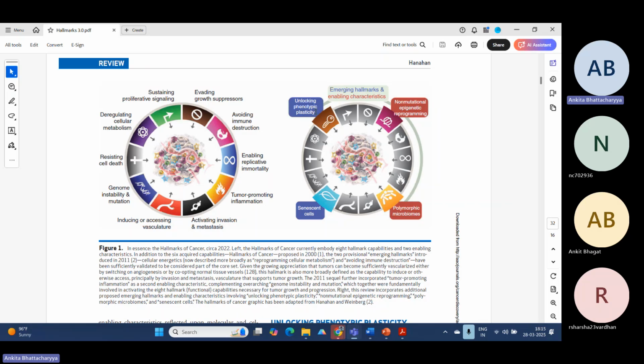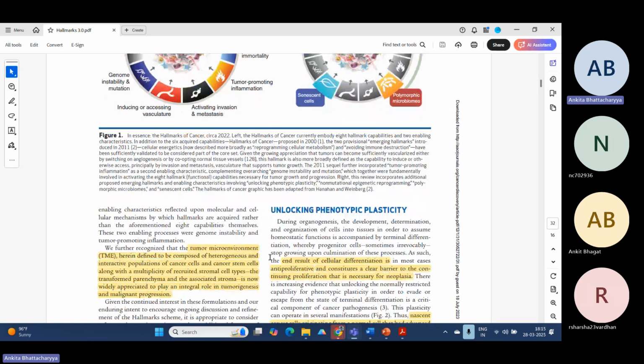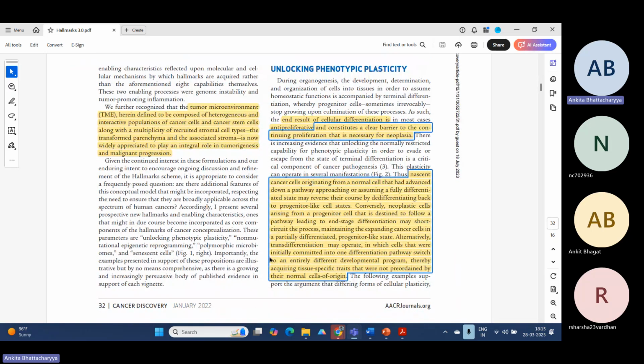And apart from that, these two, which are unlocking phenotypic plasticity and senescence, have been proposed as emerging hallmarks in this particular study. So, yeah, basically, these are very subtle differences. Overall, what remains clear till date is that the hallmark by itself will be a functional trait which will be capable enough of inducing transformation in a normal cell and converting it to a cancerous cell.